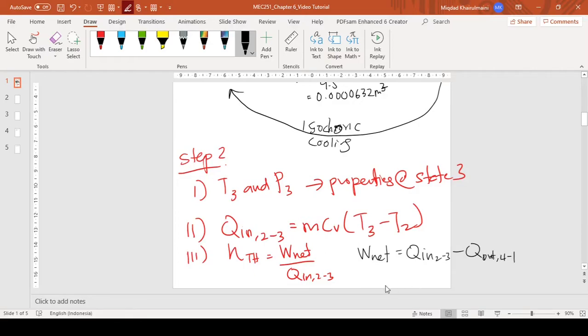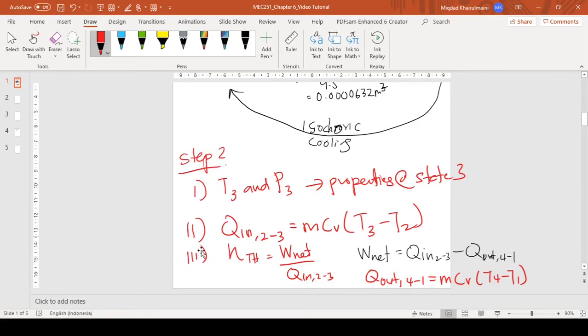So let's write the formula for the amount of heat rejected: mCv, T4 minus T1. So we have the calculation of Q in and Q out, so we can calculate the amount of net work produced.